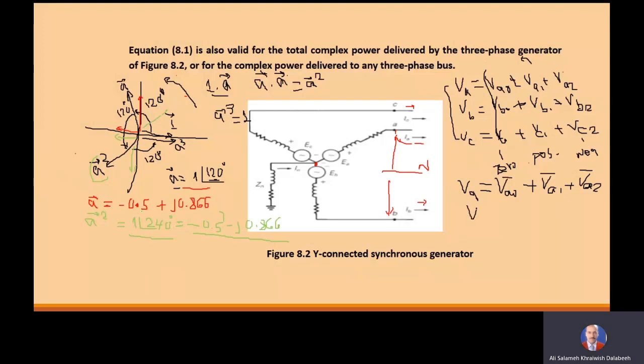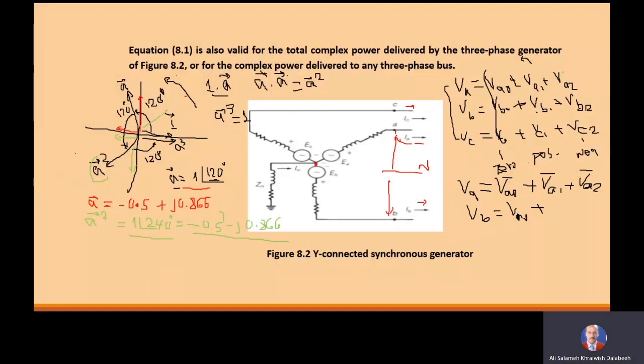And VB0 is equal to VA0. So we can write VB as VA0 plus VB1 plus VB2.